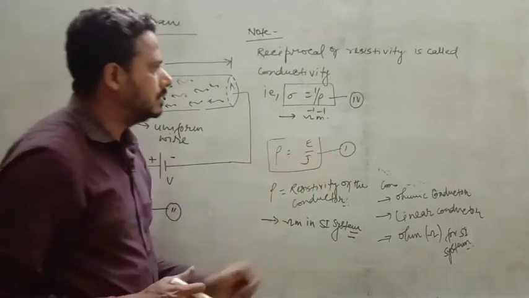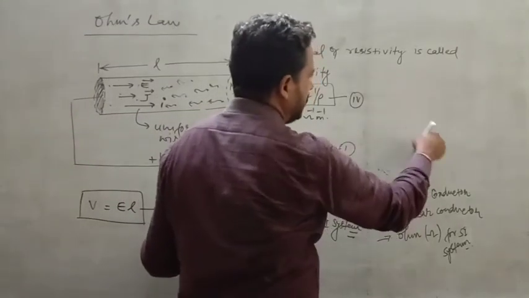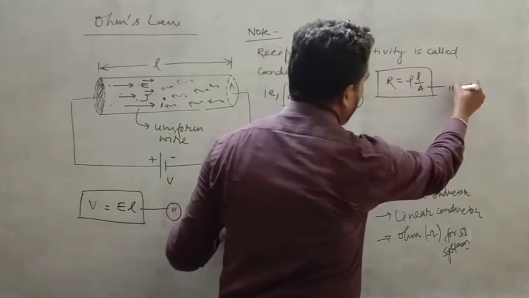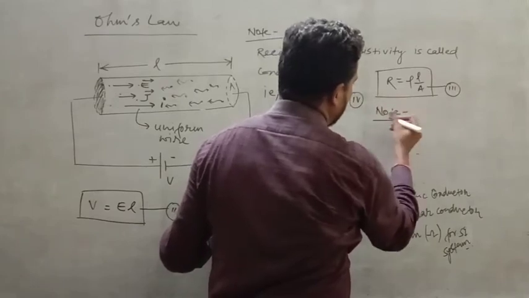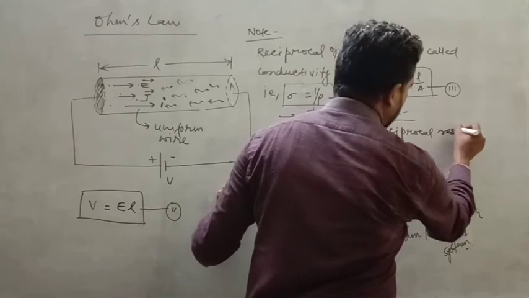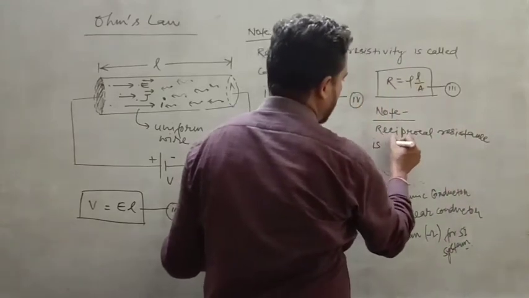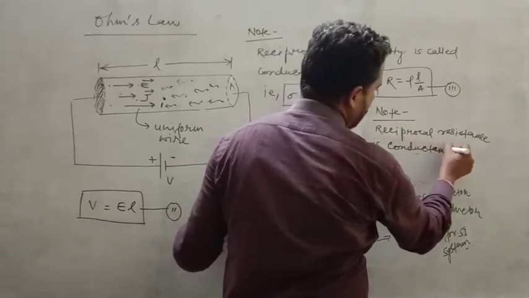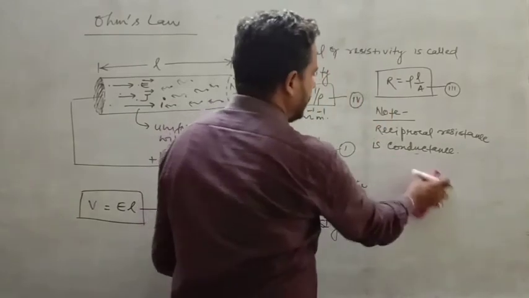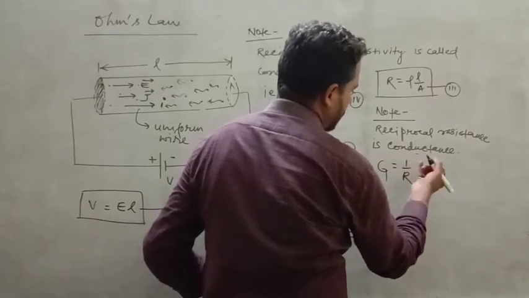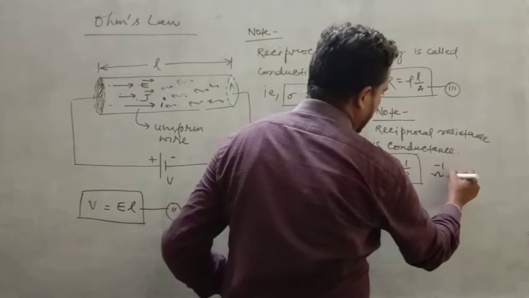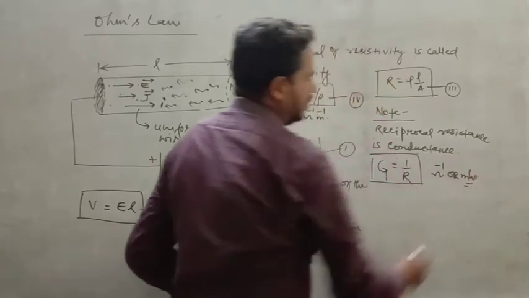We have the third relation, R is equal to rho L by A. Now from here we can take one more note: the reciprocal of resistance is called conductance, and conductance is generally represented by capital G. So G is equal to 1 by R, and its unit is per ohm, and per ohm can be written as mho, MHO.